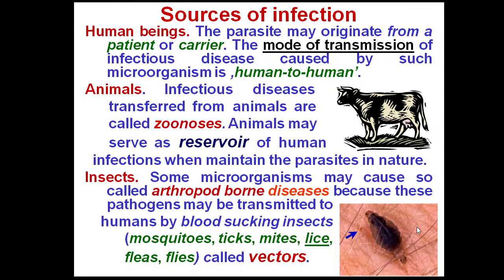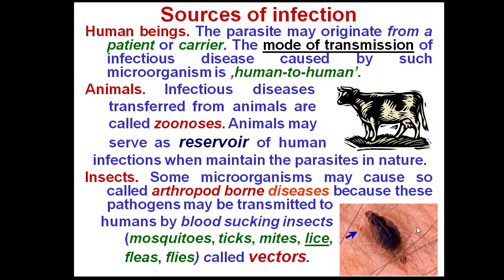Then sometimes animals may be a source of infection. Infectious diseases transmitted from animals to humans are called zoonotic infections, from the zoo, right? Quite often animals may serve as the reservoir of human infections, maintaining the parasite in nature.